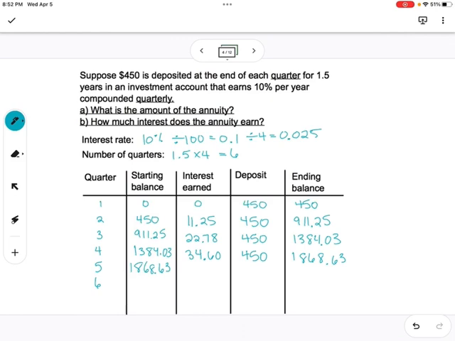And in quarter 5, we're multiplying that by our interest and gaining $42.72 and depositing another $450. Adding those three numbers together, we get $2,365.35, which is the starting for quarter 6, our final quarter here.